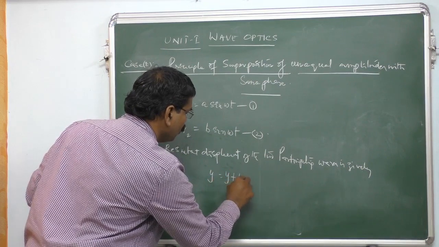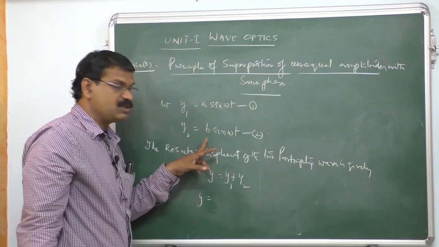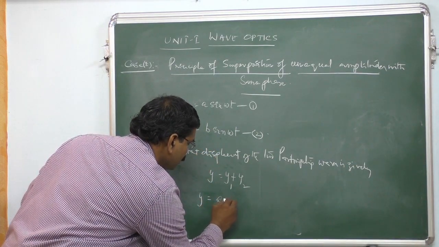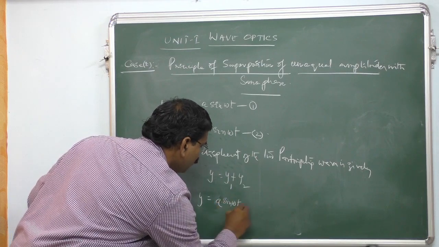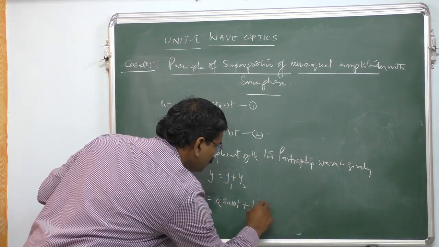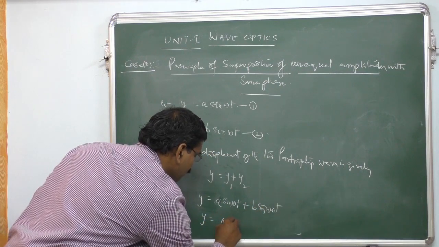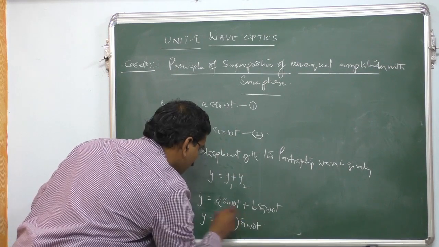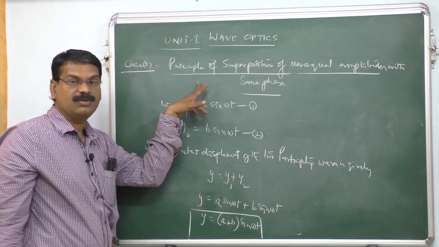You already know y1 is a sin omega t and y2 is b sin omega t. Substitute both of them in the equation and I get a sin omega t plus b sin omega t. If you take sin omega t as common, I will get (a plus b) sin omega t. So this is the principle of superposition of unequal amplitudes with the same phase.